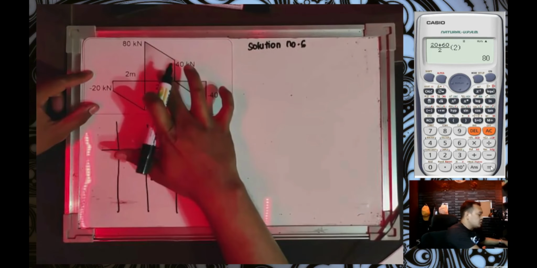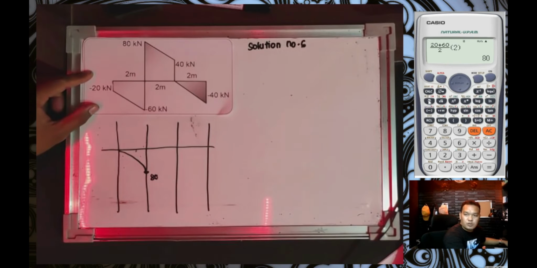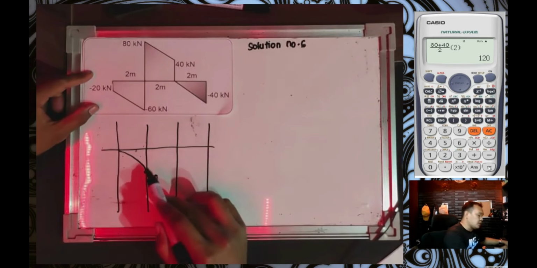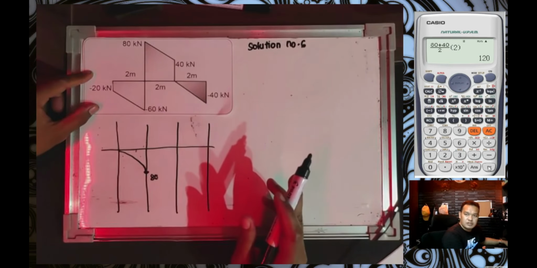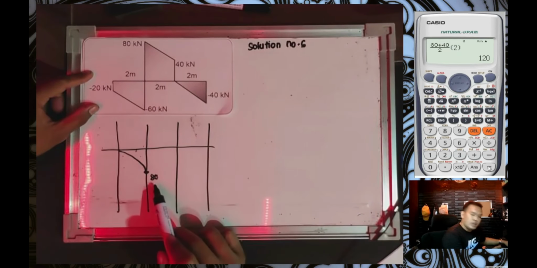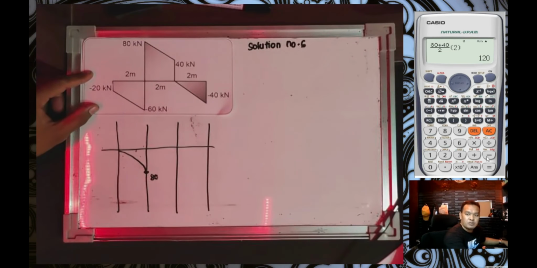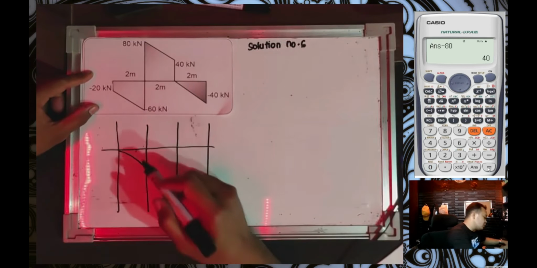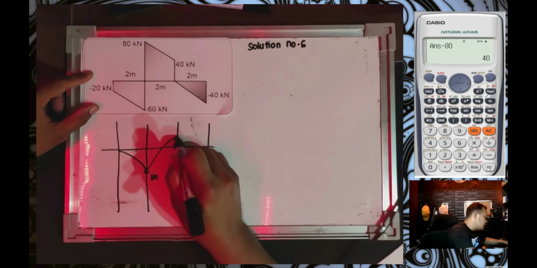Kapag ililipat mo siya sa diagram, meron kang 80 dito. Then, meron ka ulit dito sa taas, kunin mo lang yung area, 80 plus 40 divided by 2 times 2, equals 120. Ima-minus mo yung 80, so meron kang 40 na inangat.